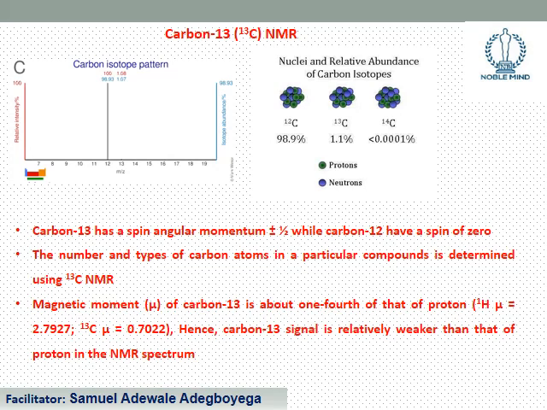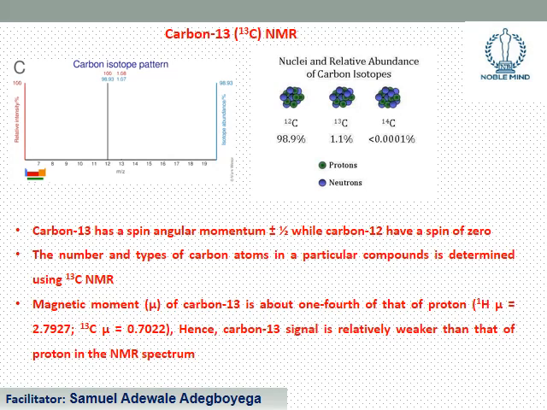If you look at the figure presented on the slide, you could see the relative abundance of carbon isotopes: carbon-12 at 98.9%, carbon-13 at 1.1%, and an infinitesimal amount of radioactive carbon-14.